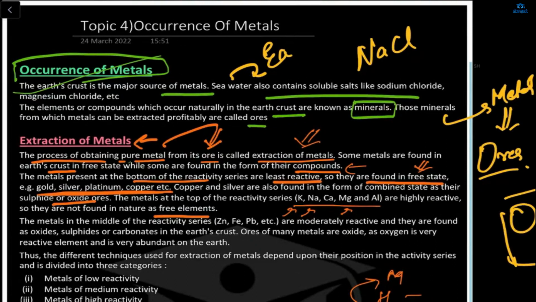Okay, once again we'll go through this. First is the occurrence of metals. In the Earth's crust, we find a lot of metals. In seawater, we find lots of soluble salts, which are sodium and magnesium chloride. The compounds which occur naturally in the Earth's crust are known as minerals, and the minerals from which we can extract metals are known as ores.